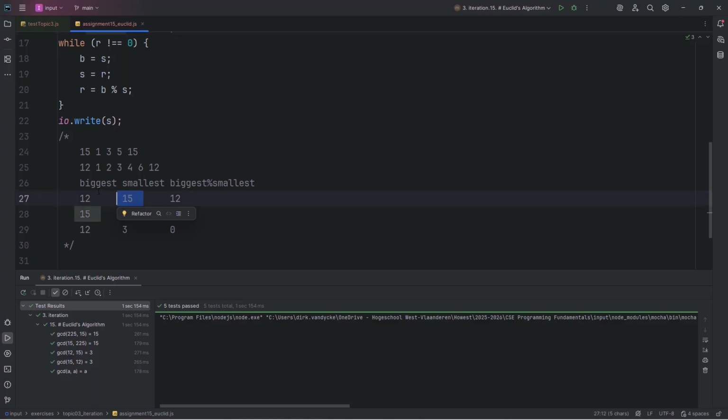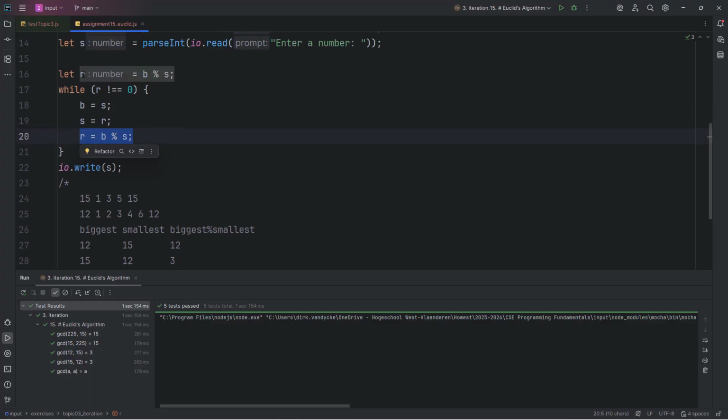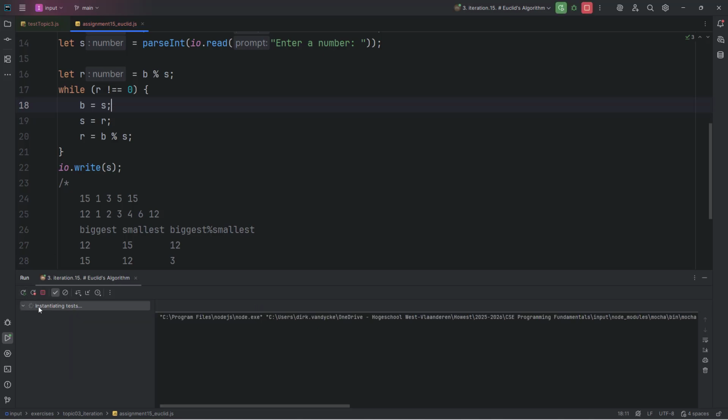So smallest being shifted to biggest, that's this one, then the remainder being shifted to smallest. Okay, and then I can start calculating a new remainder, and I of course had to start off with calculating a remainder to begin with, because I have to loop until this remainder is 0. Okay, let's run the test one more time, and everything is okay.